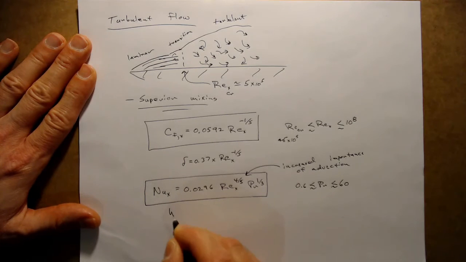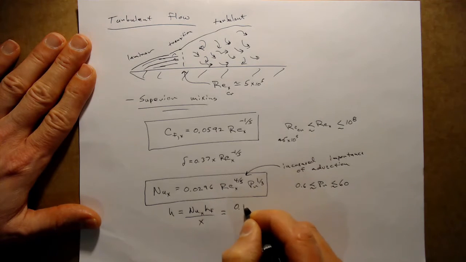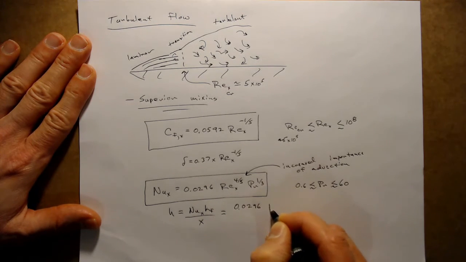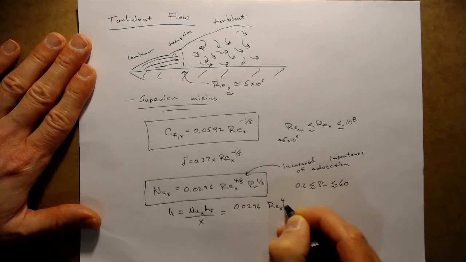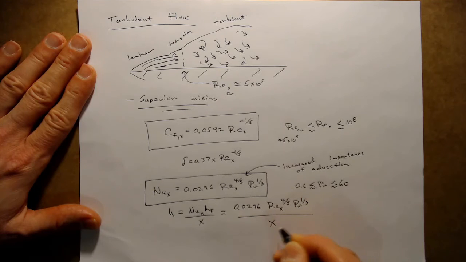So if we remember that the heat transfer coefficient is the Nusselt number times the thermal conductivity of the fluid divided by the length scale, in this case just x, and we plug in the expression for the Nusselt number, then we'll see the dependence of heat transfer coefficient on x is now much more gradual. Rather than writing this out, we'll just say h is proportional to 1/x to the 1/5.